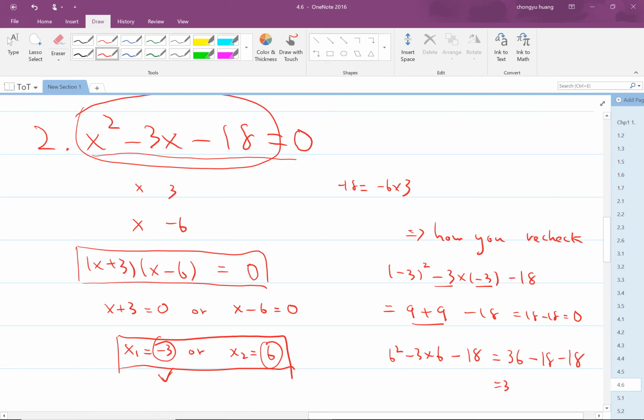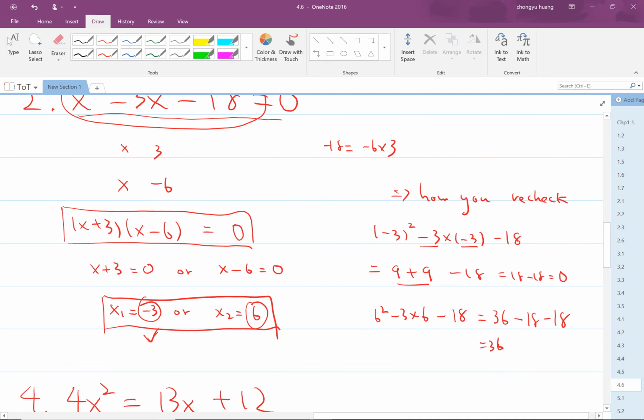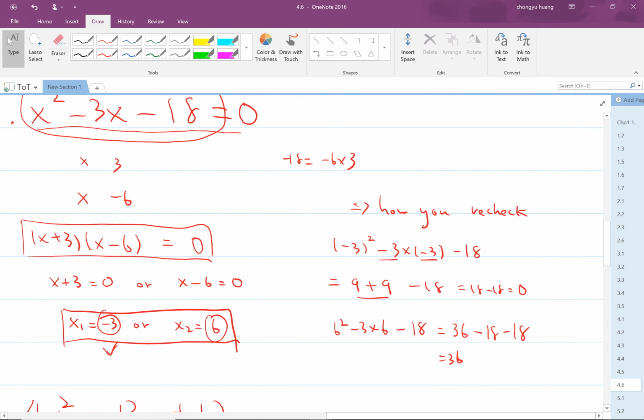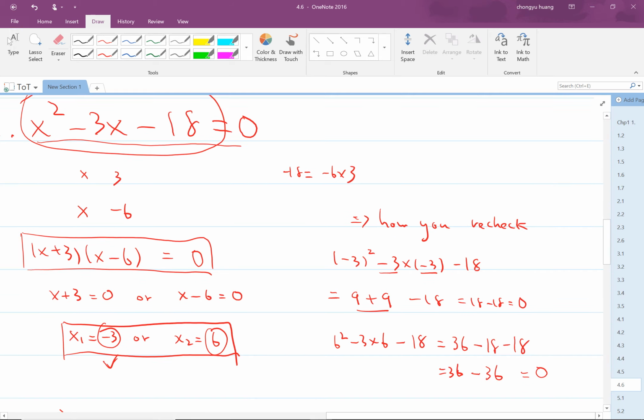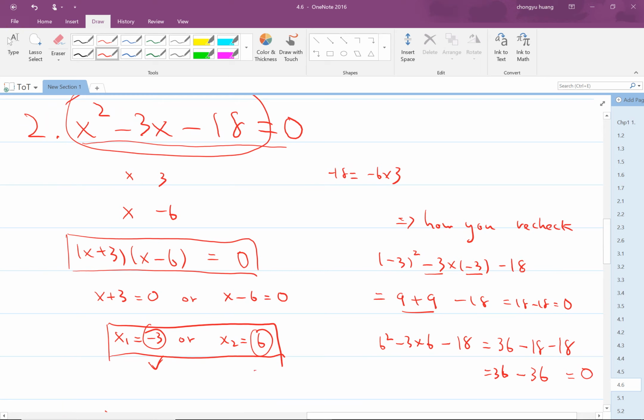Negative 18 minus 18 is going to be negative 36, so 36 minus 36 is 0. So both answers are valid, right? That's how you recheck it to make sure you get the right answer. Okay, so that's the way.